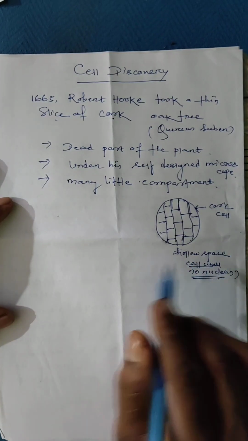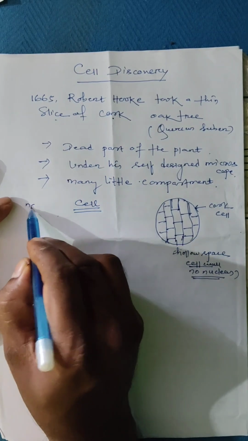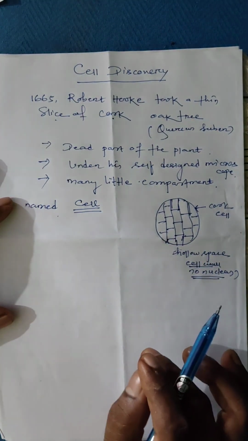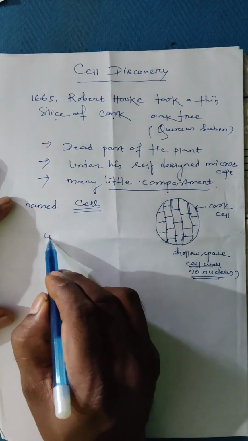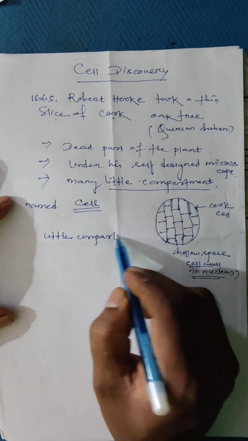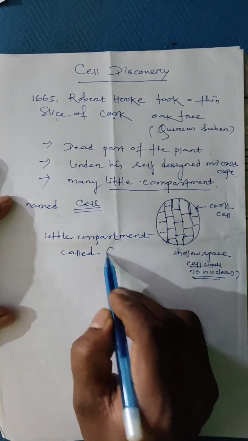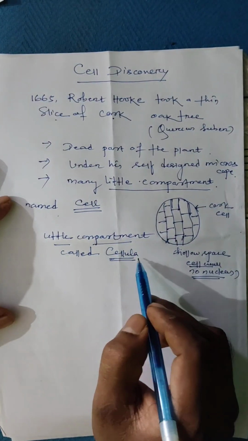He named this little compartment as cell. Why did he name it as cell? Because the little compartment in Latin is called cellula.